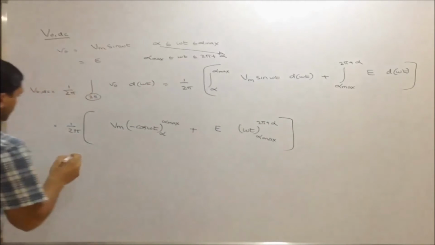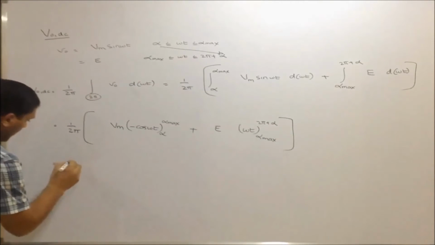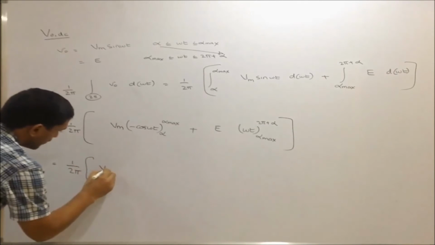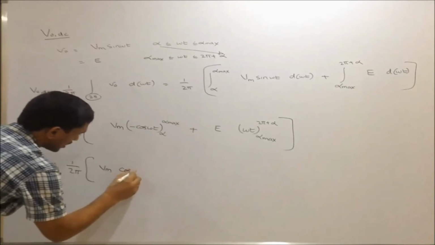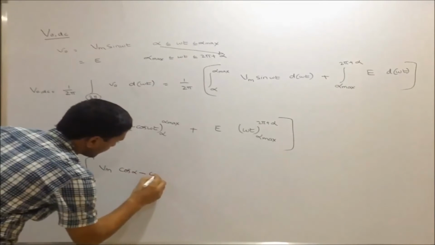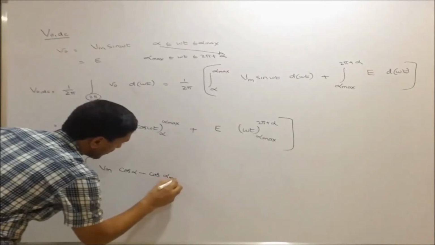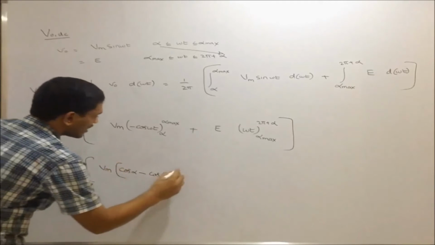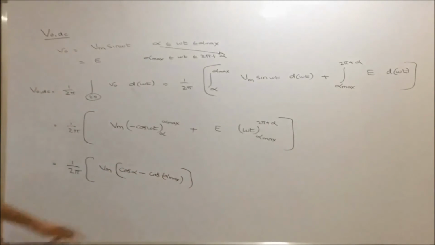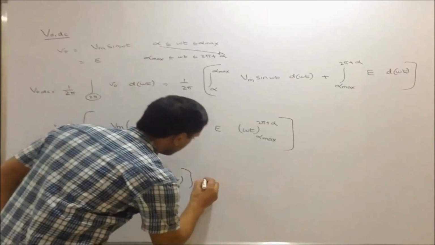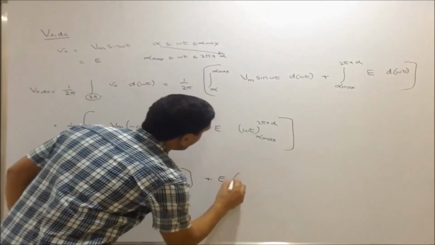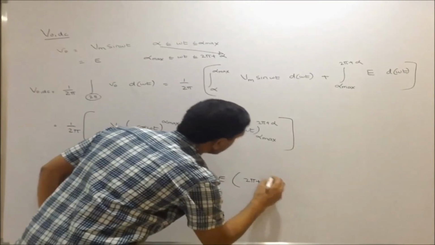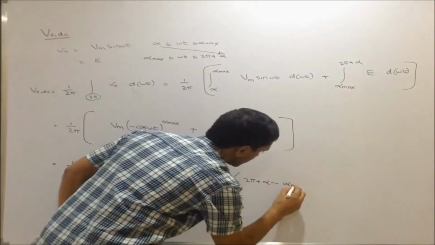If I simplify this, 1 by 2 pi, always outside, into Vm into cos alpha minus cos alpha max. Generally we get cos alpha minus cos beta. Here we got cos alpha minus cos alpha max, since my alpha max is beta, plus E into 2 pi plus alpha minus alpha max.